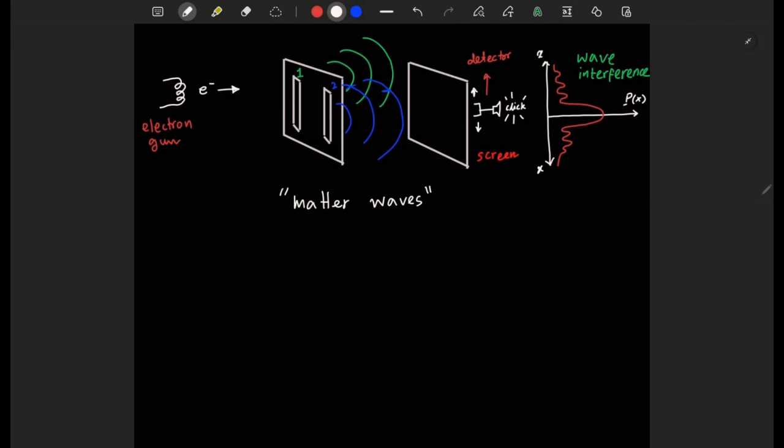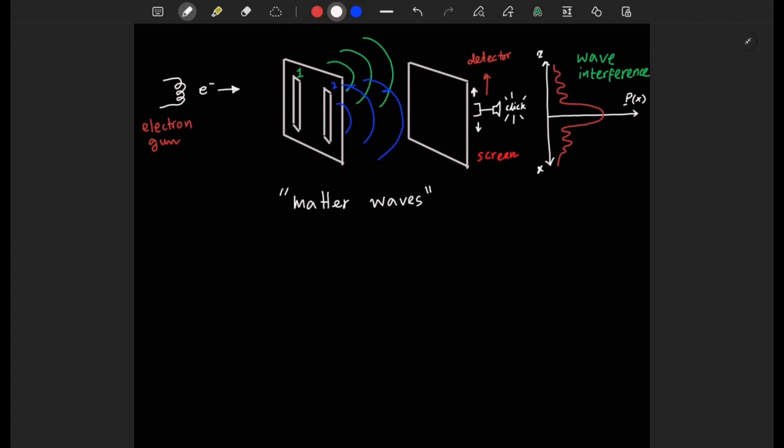So what if you did this experiment with light? Let's say you replace the electron gun with a laser gun, which basically shoots laser beams through the slits. From Einstein's photoelectric effect, we know that light is made up of quantized particles called photons. So light is basically lumps of energy, or lumps of quanta, which we call photons.